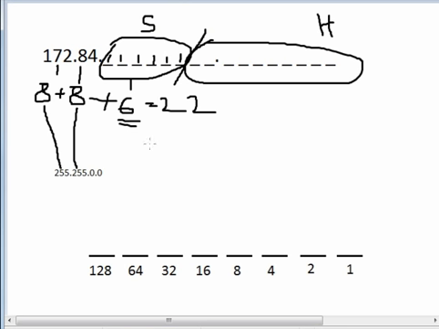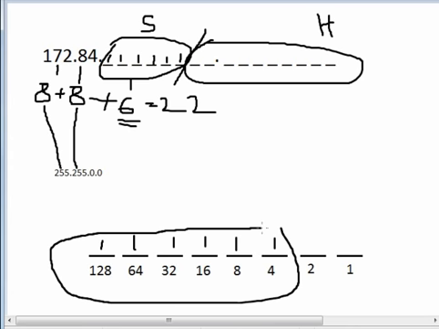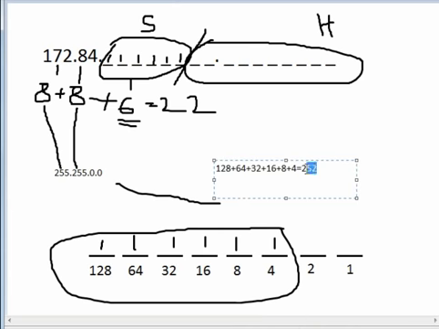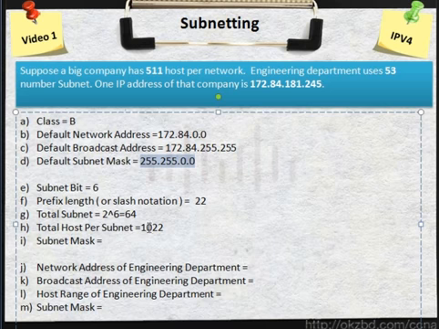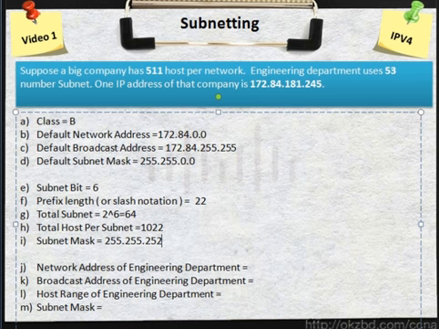Now six 1s is equal to 252. So the third octet will be 252, and the last octet 0. 255.255.252.0. This will be our subnet mask.